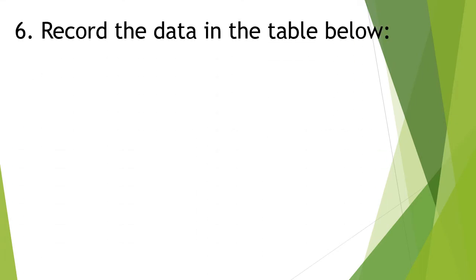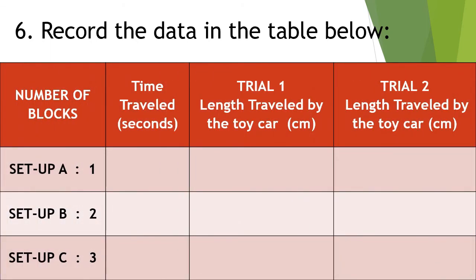Okay, so after performing the activity, the learners have to record the result of the activity. So in the table, in the first column, we have the number of blocks in each setup.